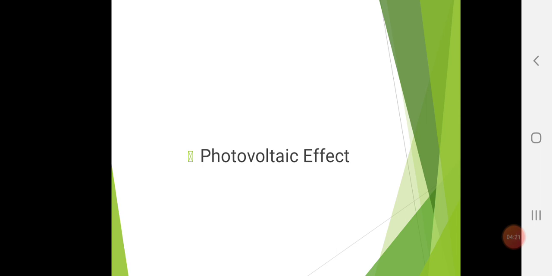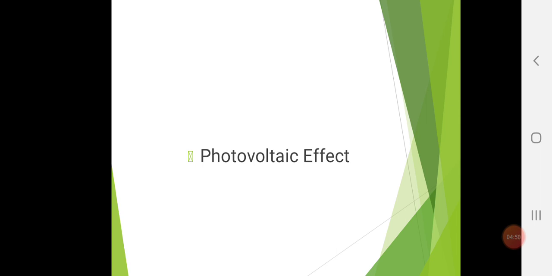And the third and last layer is the back junction layer, made up of P-type semiconductor. So it is based on three layers: top junction layer, middle absorber layer, and back junction layer. Thus, such photodiodes are PN junctions designed specifically to provide optimum photosensitivity, which are used in photovoltaic cells.